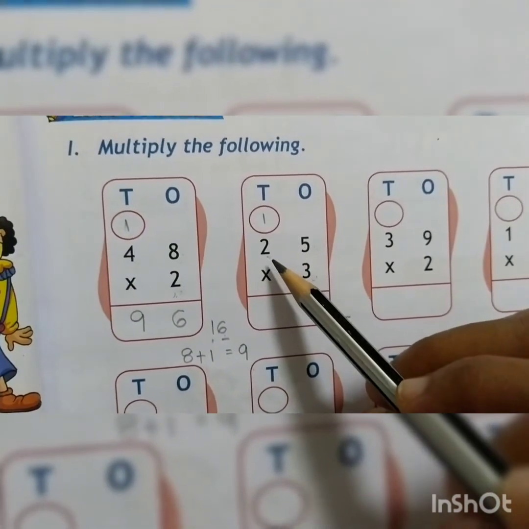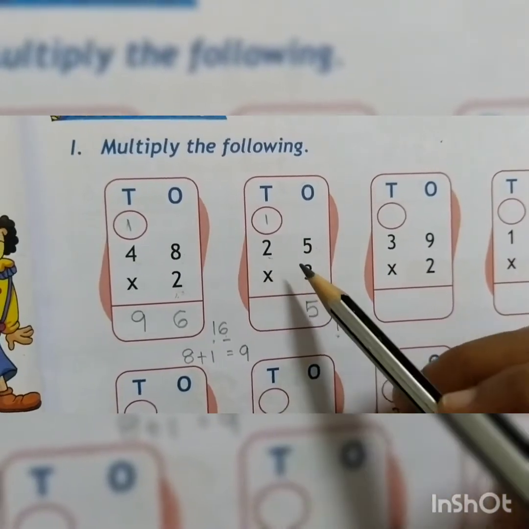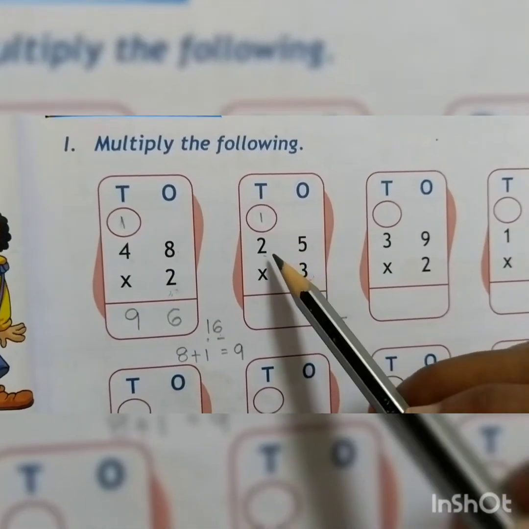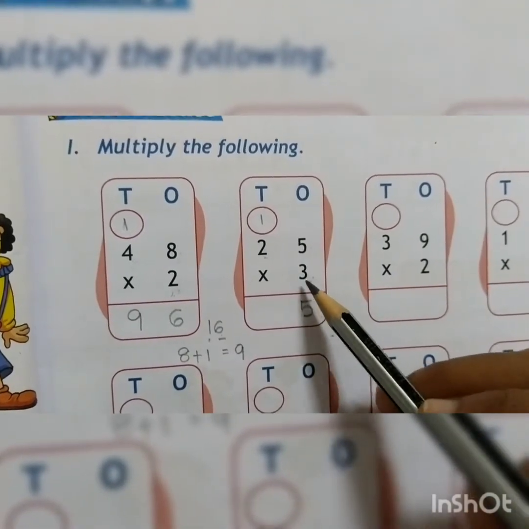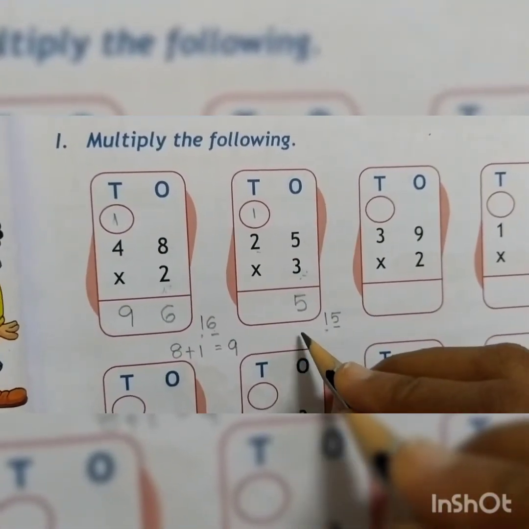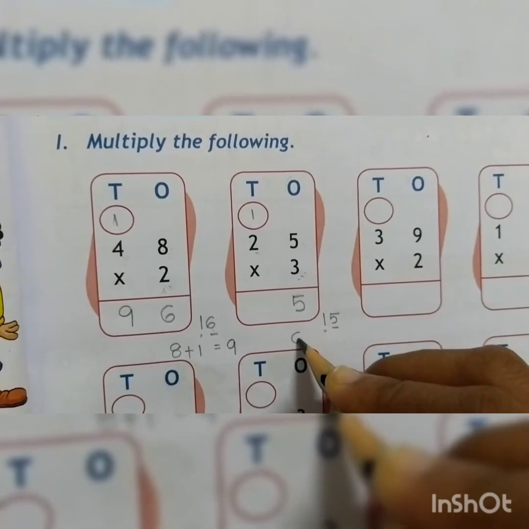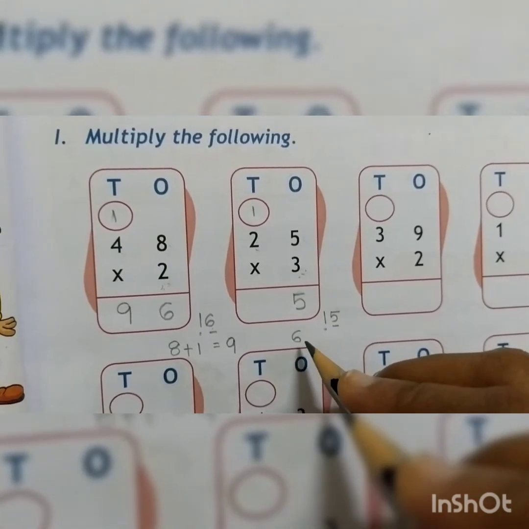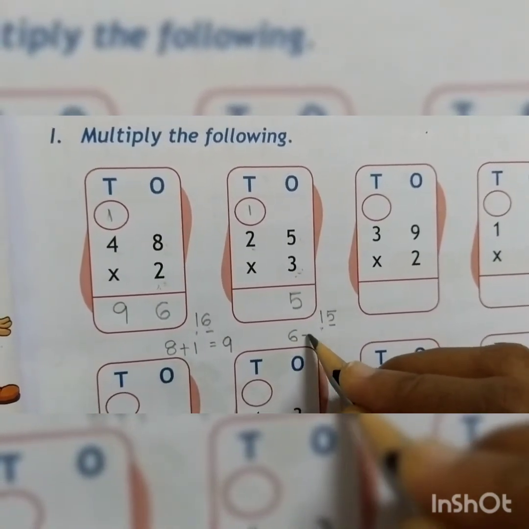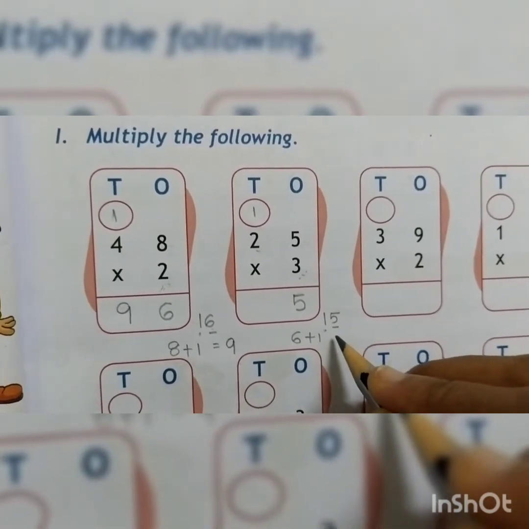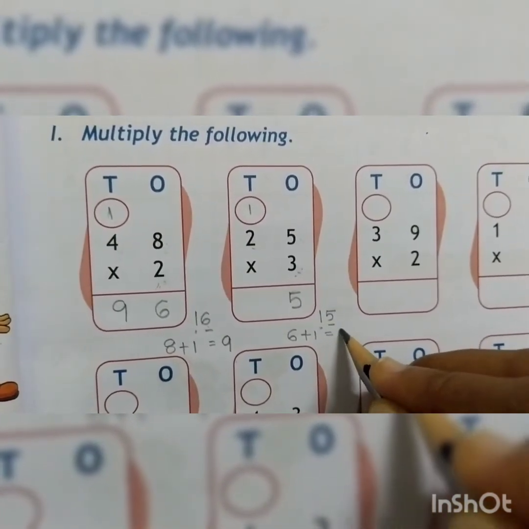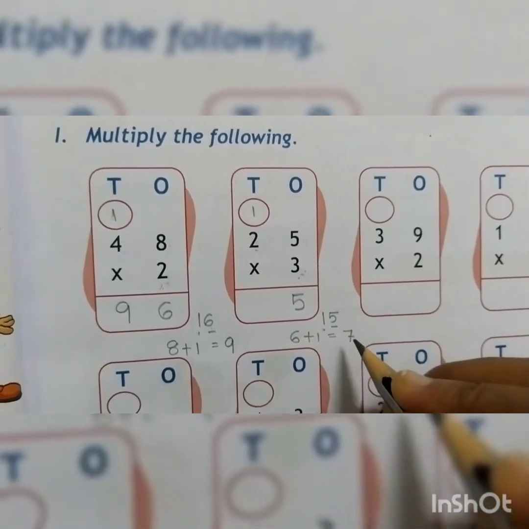Here we have 2 tens at the tens column. So 2 times 3 is equal to 6. Now we got 6 tens. Then we add 1 tens. 6 tens plus 1 tens is equal to 7 tens.